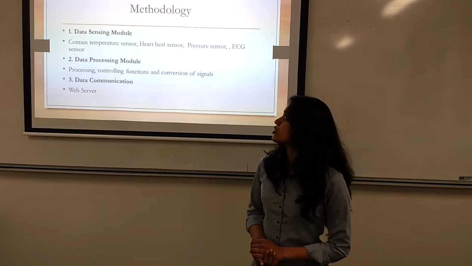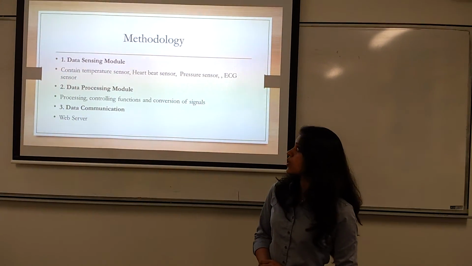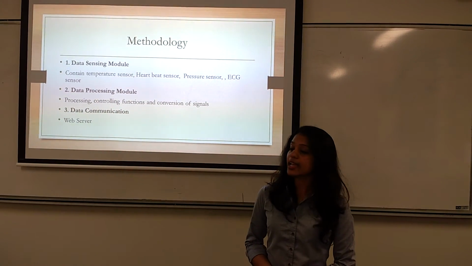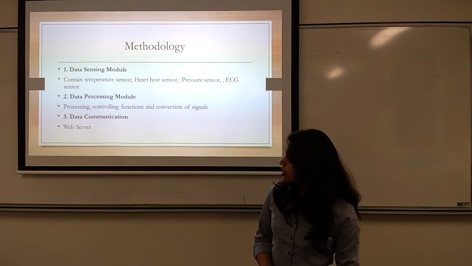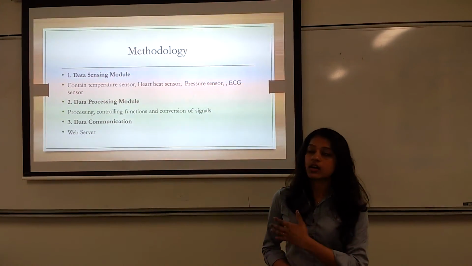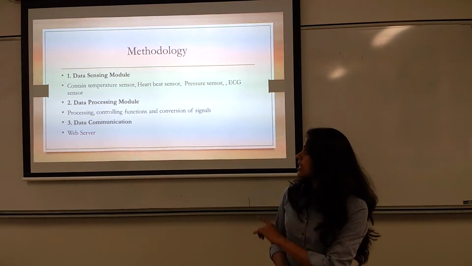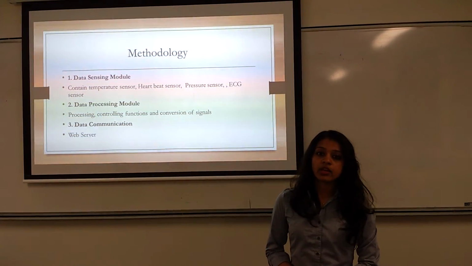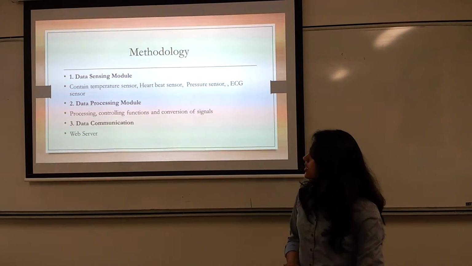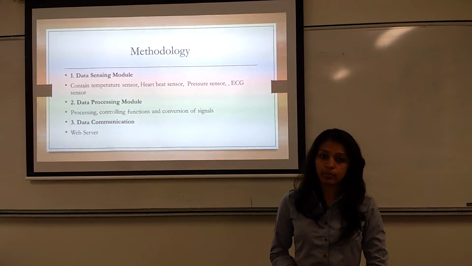Next, we are going to consider the three different modules in this system. The first one is the data sensing module, the second one is the data processing module, and the other one is the data communication module. The system comprises of these three modules. In the data sensing module, the temperature, respiration rate, heartbeat, ECG, all these signals could be measured.